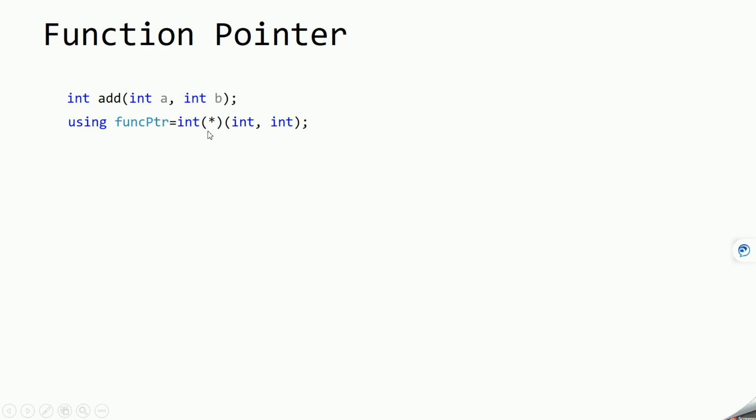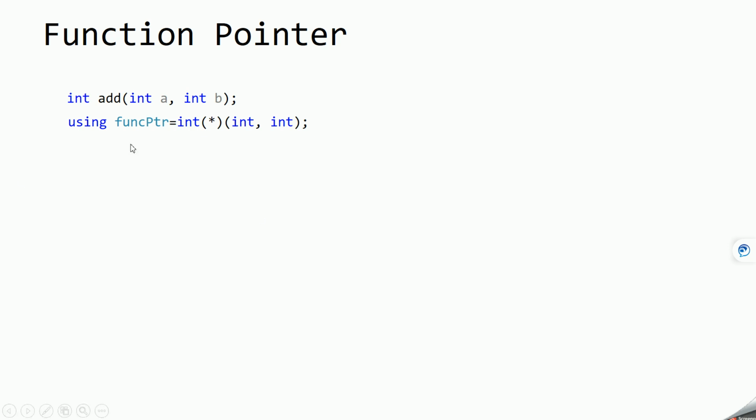Basically this is a function pointer which takes two parameters, okay, and returns a value of type integer. So now this func_ptr is a pointer to a function which takes two variables of type integer and it returns a value of type integer.